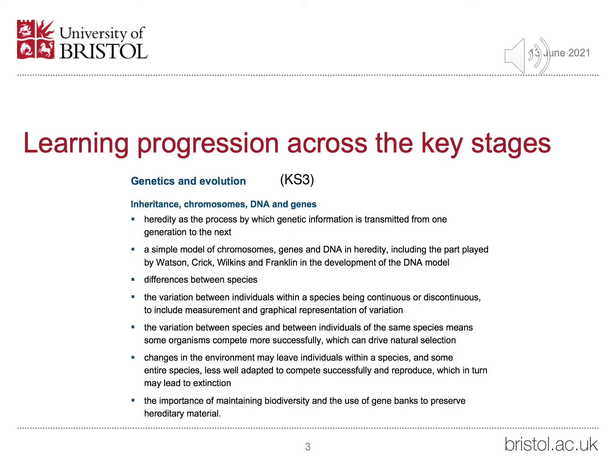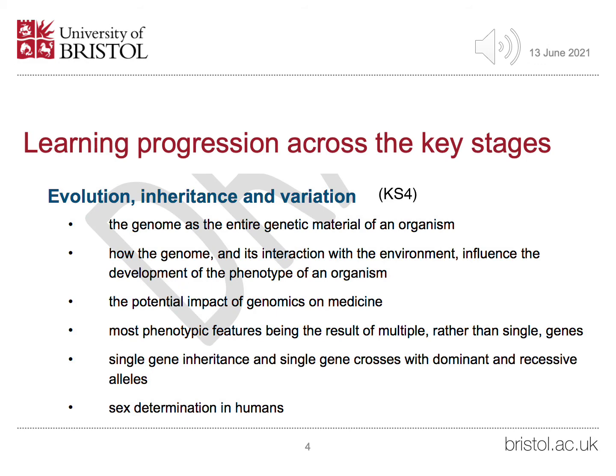This is significantly developed at Key Stage 3, where the ideas of DNA and chromosomes are introduced. Key Stage 4 develops the idea of Mendelian inheritance, polygenic inheritance, and also ideas about the genome.